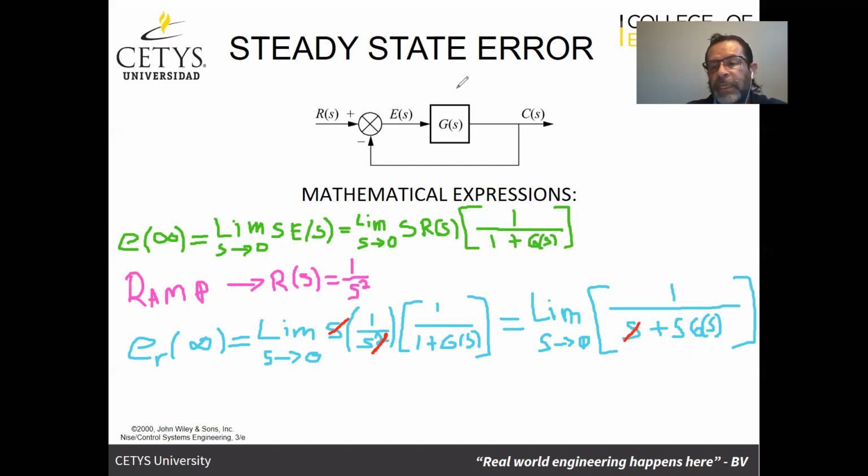And the limit would only apply to the bottom part here. So what we would have then is that E would be equivalent to having 1 divided by the limit when S tends to 0 of S multiplied by G of S.